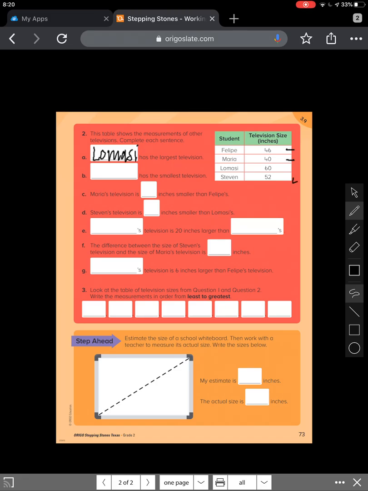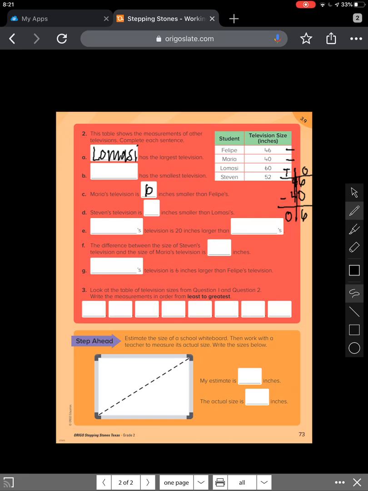And Felipe has the larger number, so I'm going to put 46 minus 40. Make sure you have your numbers lined up, your tens and your ones. 6 minus 0 is 6. 4 minus 4 is 0. So 6. So now I know that Maria's television is 6 inches smaller than Felipe's.